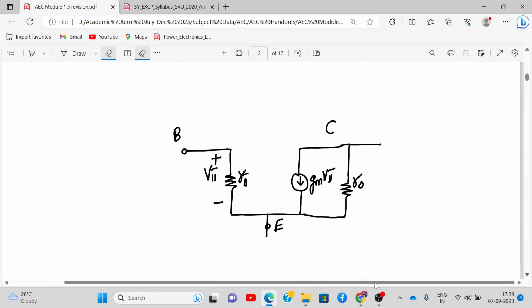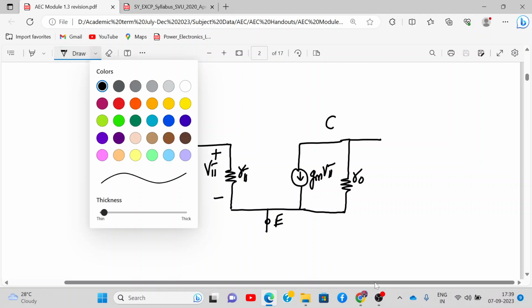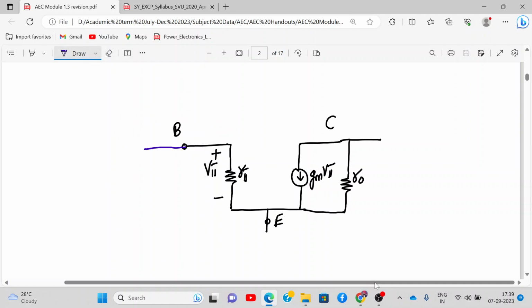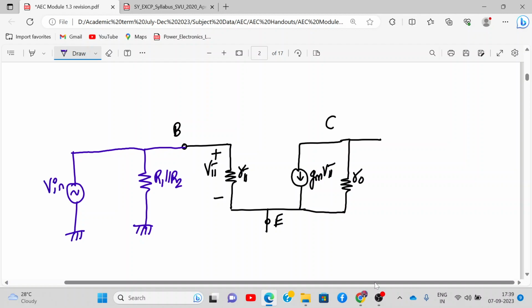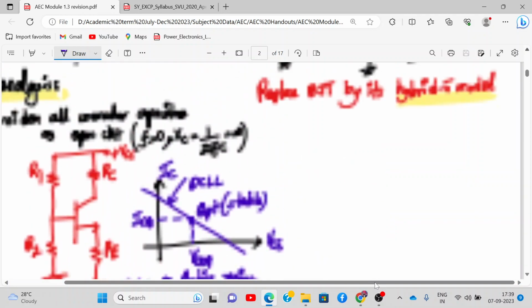So I'll draw in blue color: R1 and R2 in parallel to each other going to ground. I can write R1 parallel to R2 together, and I have V in connected at the base terminal also. So here it is. Alright, now I'll go to the emitter terminal and check above.